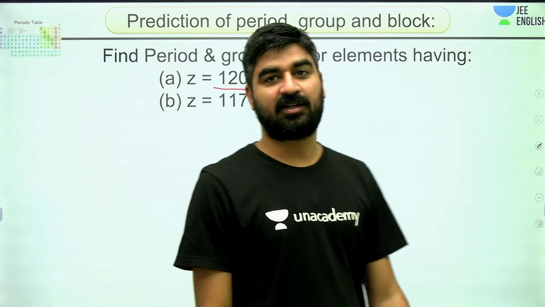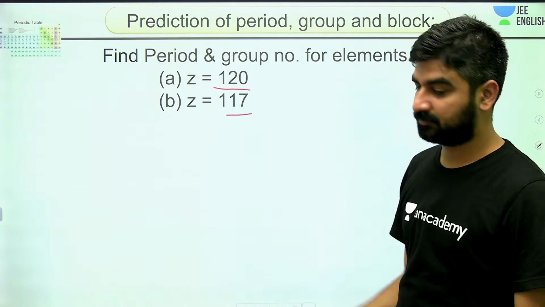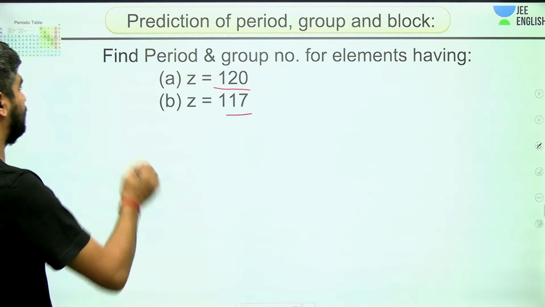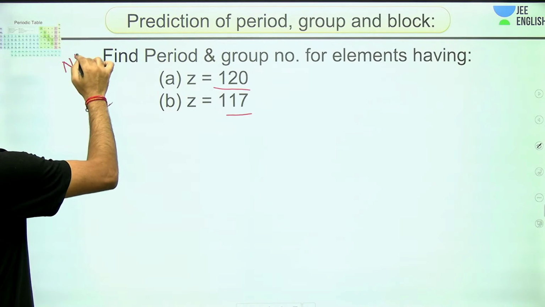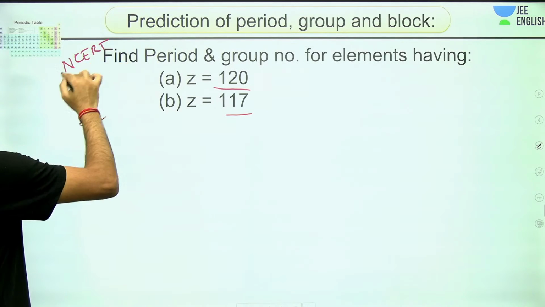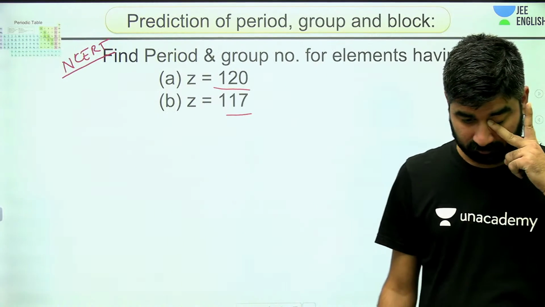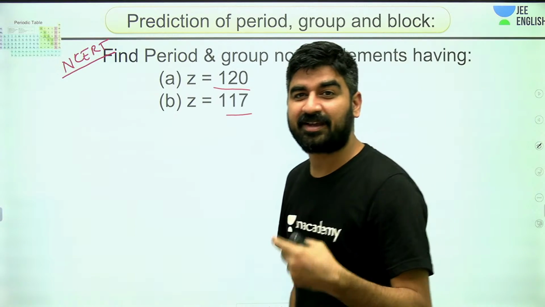Z120 and Z117. Be fast. Again, this is a problem from NCERT. Tell me guys, be fast.